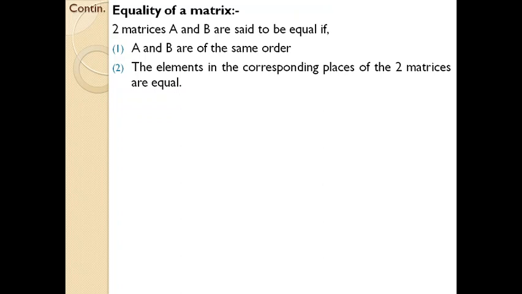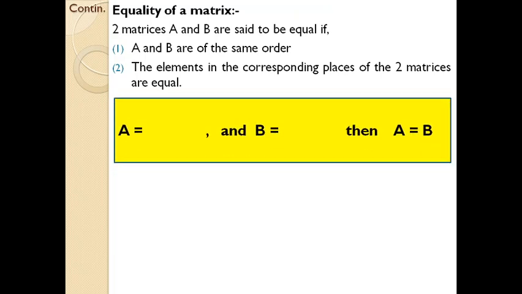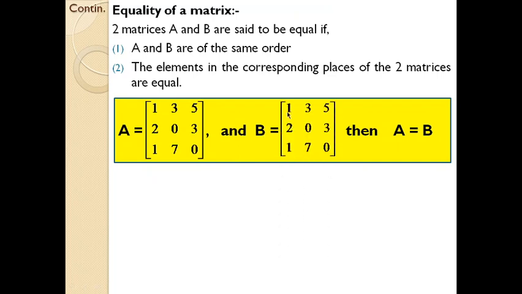Let's deal with an example, then you will understand the concept. For example, A is a matrix consisting of 1, 3, 5, 2, 0, 3 and 1, 7, 0: 3 rows, 3 columns. B is another matrix represented by 1, 3, 5, 2, 0, 3, 1, 7, 0.